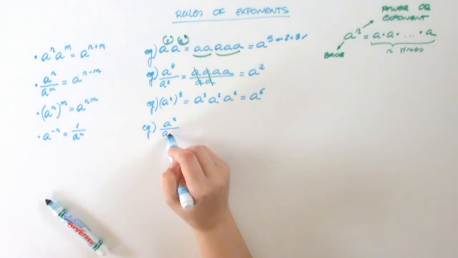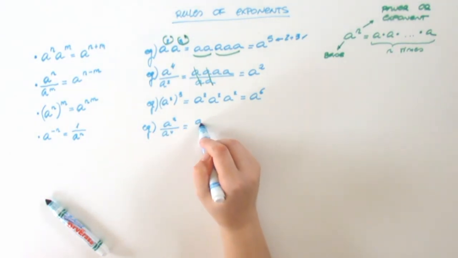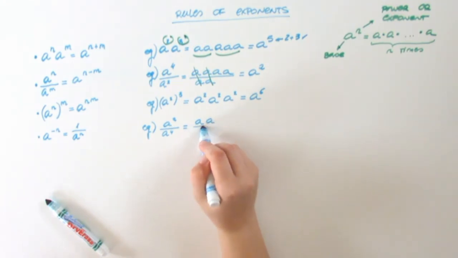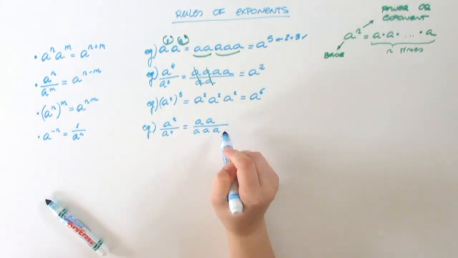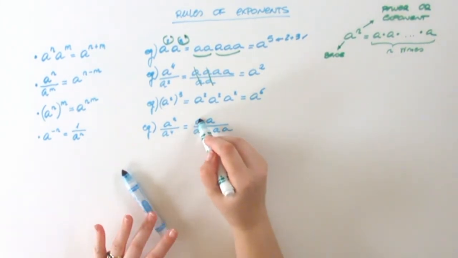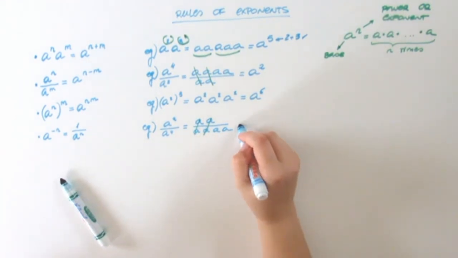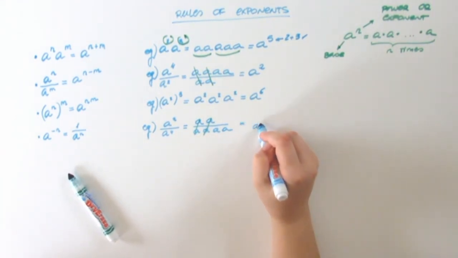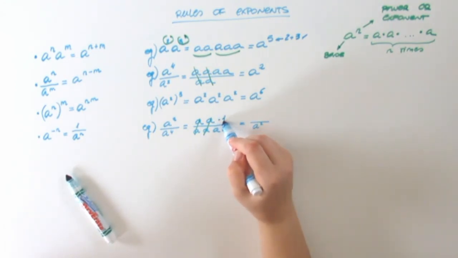If I expand this, a square is a times a, and a to the power of 4 is a times itself 4 times, and then I can simplify a over a 2 times, and I'm left with an a square in the denominator. And in the numerator, what I've got is a 1 that I never write, but I need now.